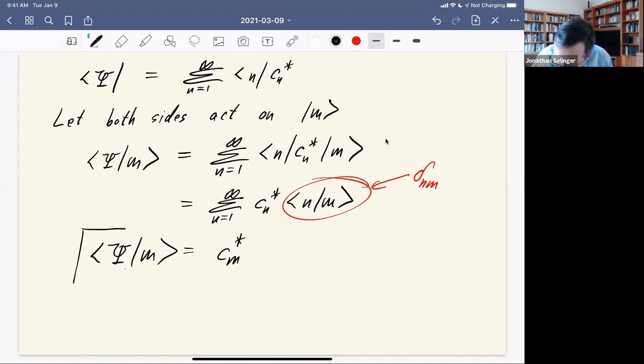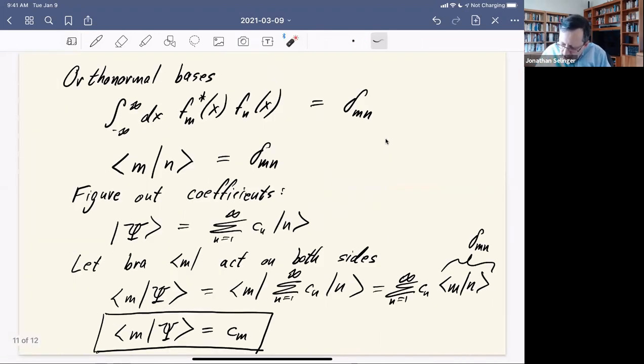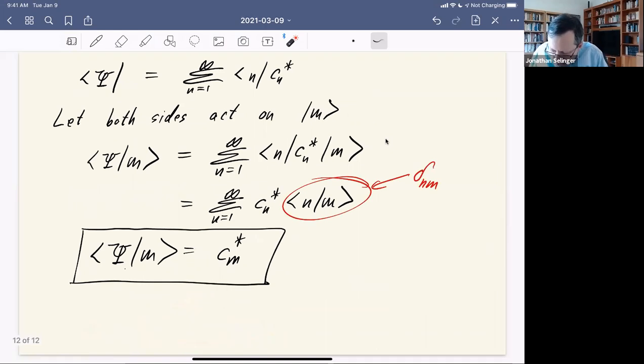And this equation is perfectly consistent with this equation down there, because when you reverse the order of things in an inner product, you take the complex conjugate. So doing it in this order gives Cm, doing it in this order gives Cm complex conjugate.